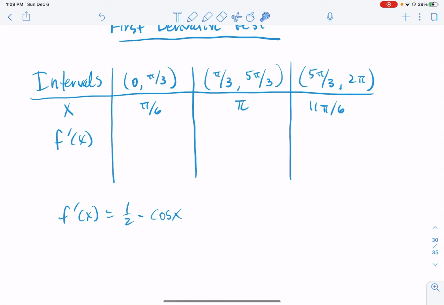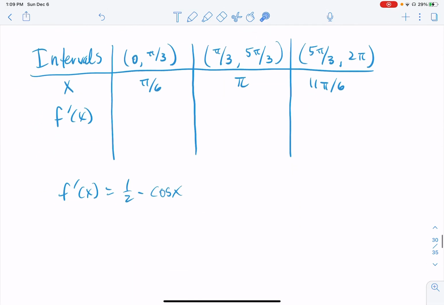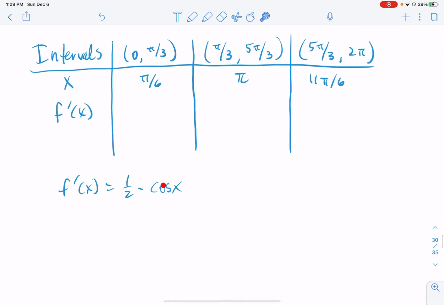If I plug in pi over 6, the x value is definitely bigger than 1/2. So I'm taking 1/2 minus something bigger than 1/2, that's square root of 3 over 2, which is 0.866. It's going to be a negative number. That indicates that your function must be decreasing on that interval.